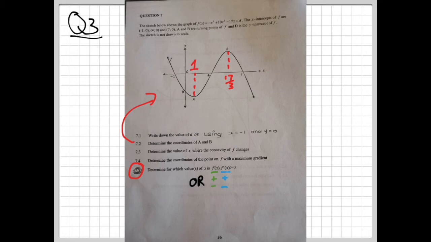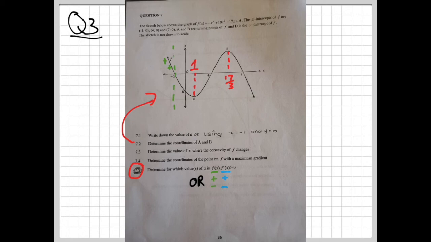What I'm first of all going to just have a look at is go back to my graph, and let's start by looking at the y values, where the y values are positive or where the y values are negative. So with the green ones, I'm going to start on the left-hand side of -1. Now, on the left-hand side of -1, the graph is positive.